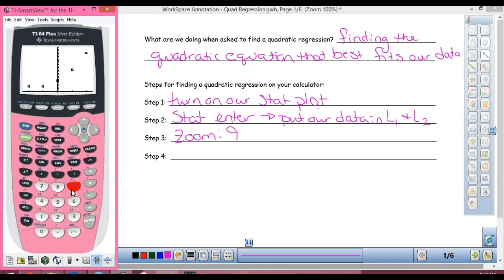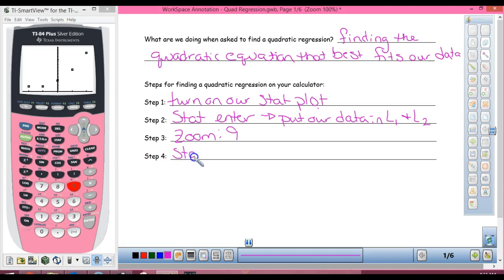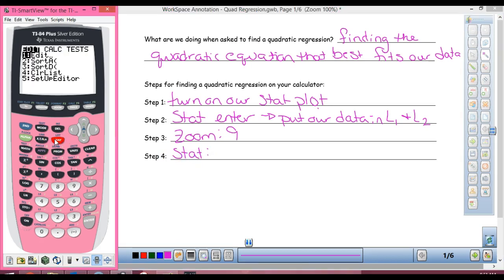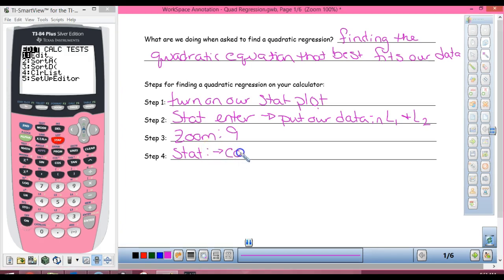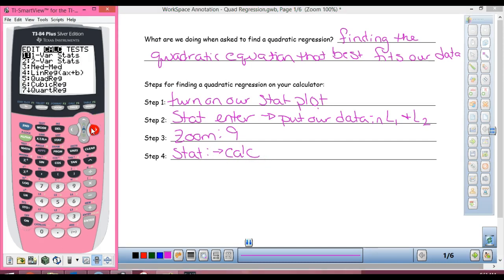All right, we still don't have an equation, do we? So to find our equation, what we do is we hit stat again, and then we're going to go over to calc. And what we are doing is quadratic regression. So quad regression is 5.